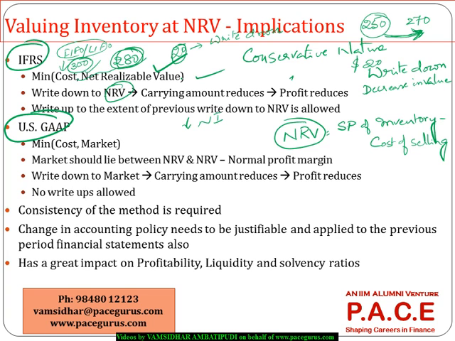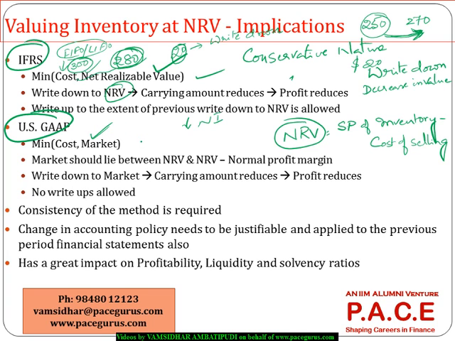So under IFRS you can recover to that kind of an extent. Whereas when we are talking about US GAAP, it uses net realizable value in a slightly different manner. It says the representation should be the minimum of the cost and the market value.